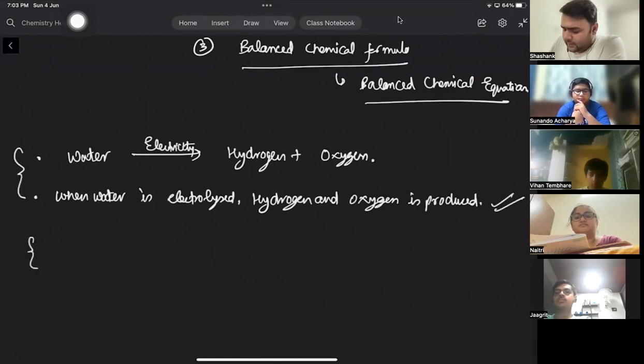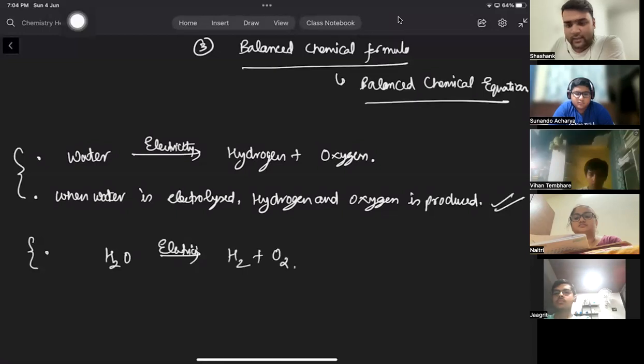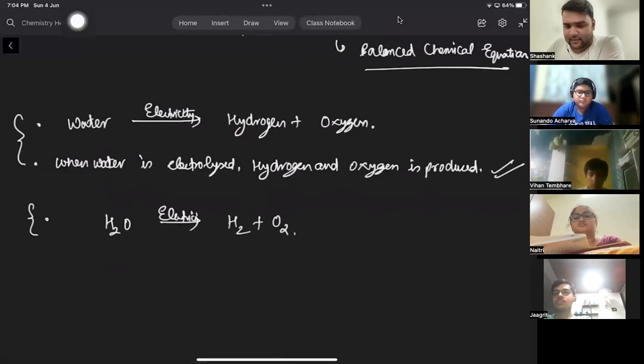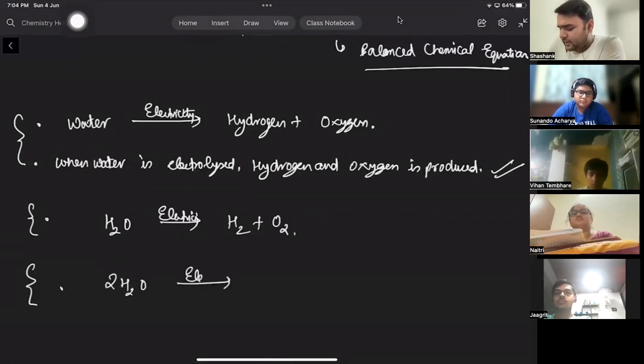If I talk about the second part, here I won't say 2H2. I'll just simply say H2O, when some electricity is passed, becomes H2 plus O2. What is this? This is your skeletal equation. And the third part will be when I balance it: 2H2O, when the electricity is passing through it, becomes 2H2 plus O2.